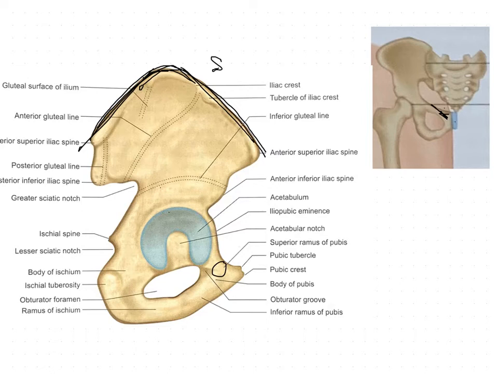The highest point of the iliac crest is situated a little behind the midpoint of the crest, and it lies at the level of the interval between the spines of the vertebrae L3 and L4.